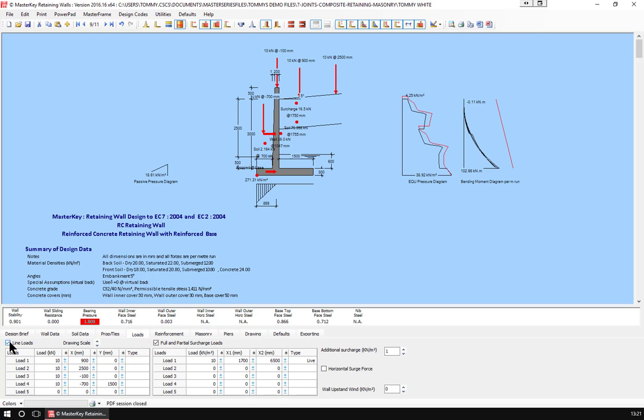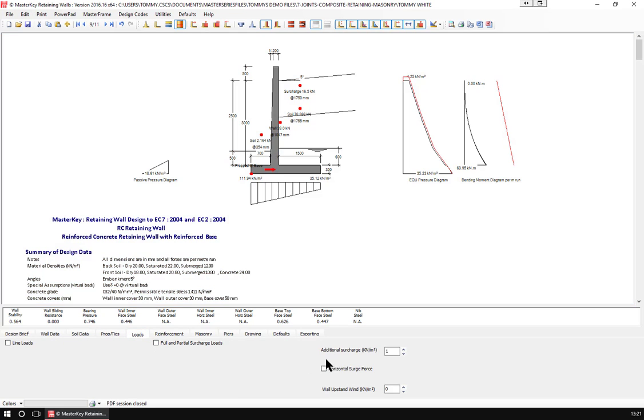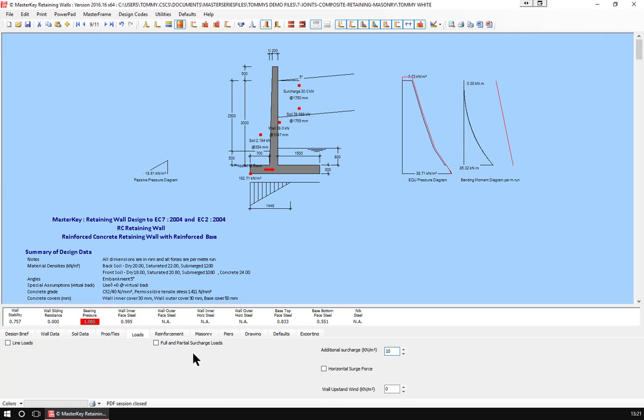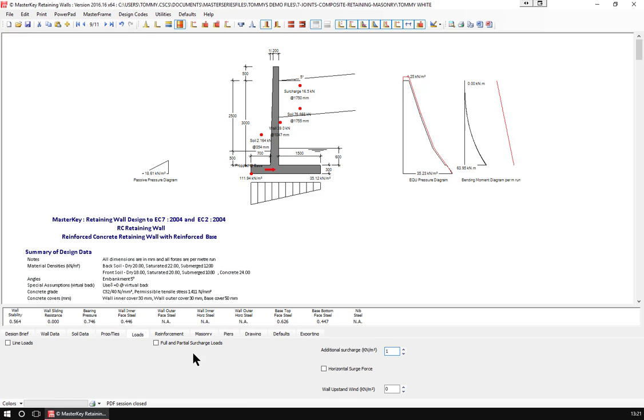You have, let's take all these off for a start. You have your surcharge. Now you have your basic 10 kilonewton load, and then we can apply an additional surcharge. Now additional surcharge is going to cause us to fail. So an additional 2.5 kilonewton surcharge.